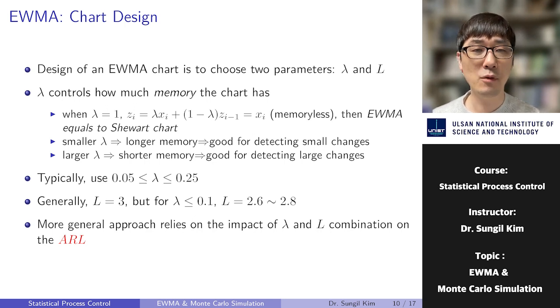A typical choice for lambda is between 0.05 and 0.25. Generally, L equals 3, but for lambda less than 0.1, 2.6 to 2.8 is a popular choice. A more general approach relies on the impact of the lambda and L combination on the ARL.